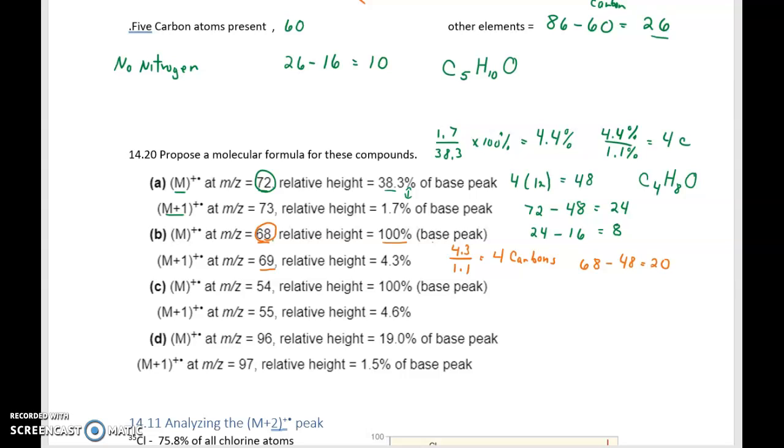Again, we can't have a nitrogen, and we can't have 20 hydrogens. That's too many hydrogens for just 4 carbons. So I'm going to subtract off an oxygen, and that'll leave us with 4 hydrogens. So our formula here will be C4H4O.